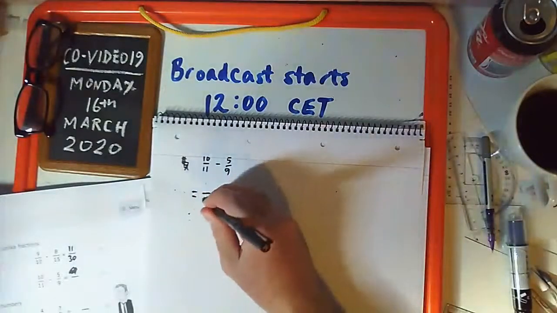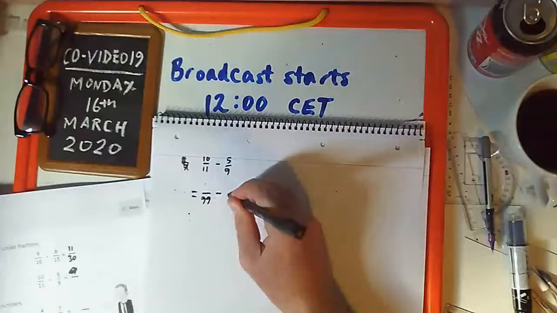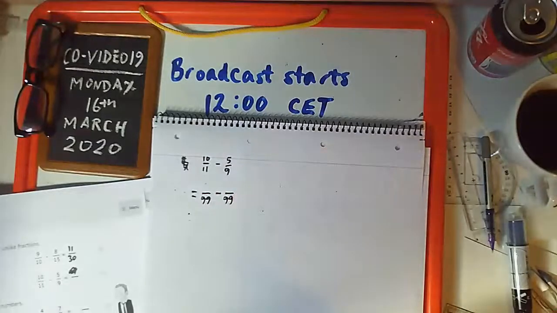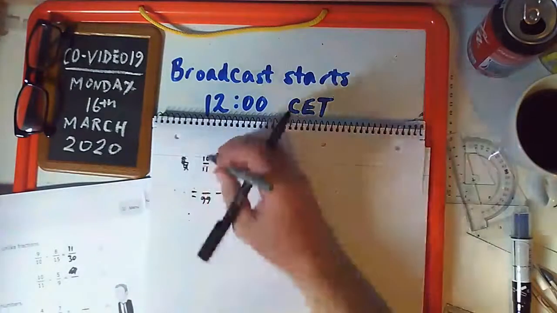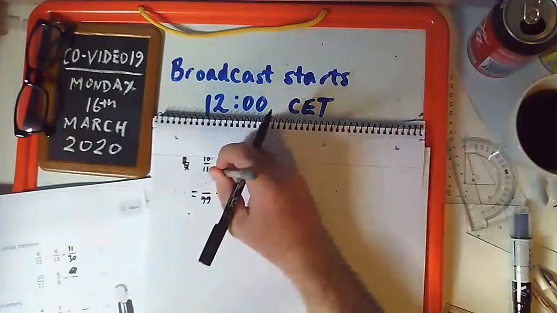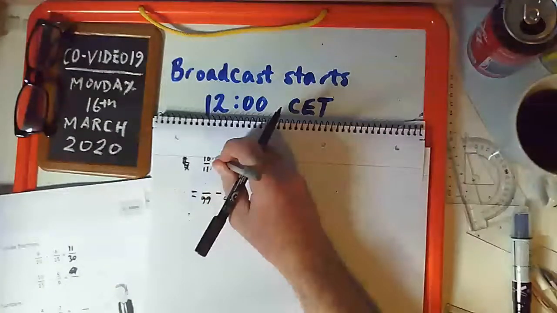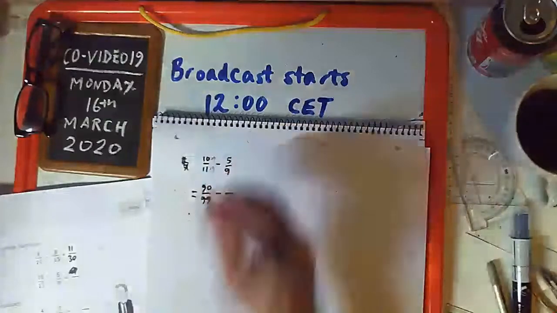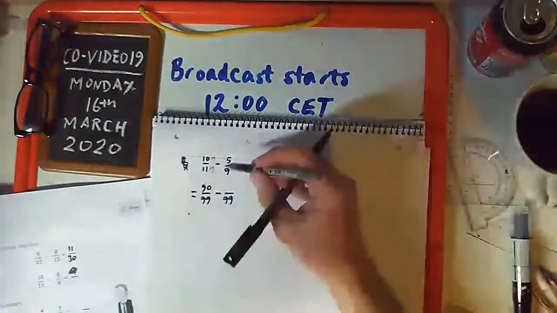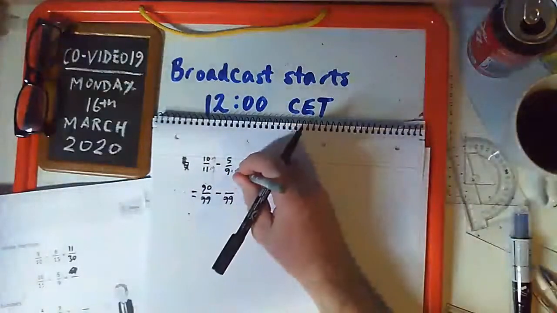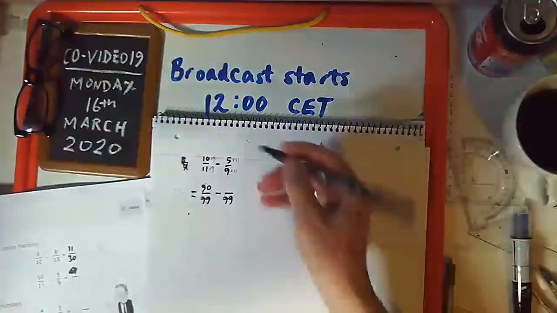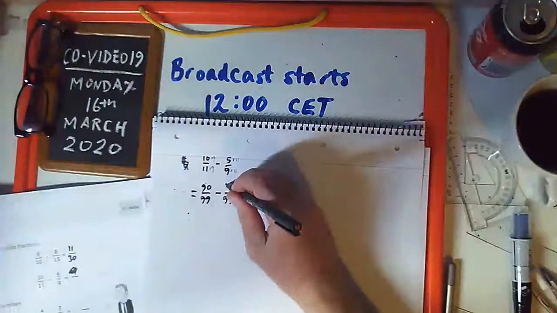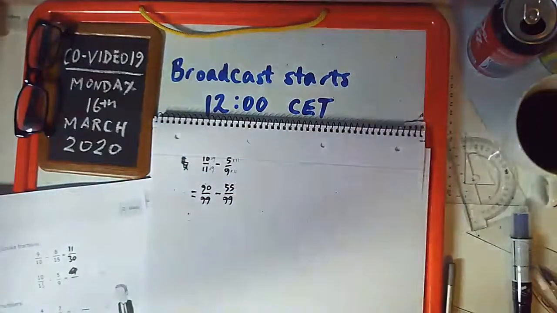So I'm going to have to make both of these fractions out of 99. To get from 11 to 99, I've multiplied by 9. So I'm going to multiply the whole fraction by 9 over 9 to get 90/99. And then to get from 9 to 99, I've multiplied by 11. So I'm multiplying the whole fraction by 11 over 11 to get 55 over 99.